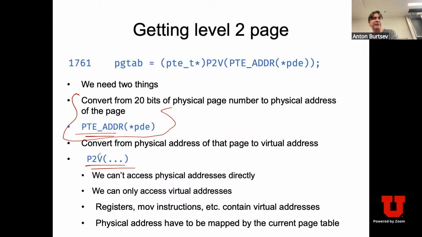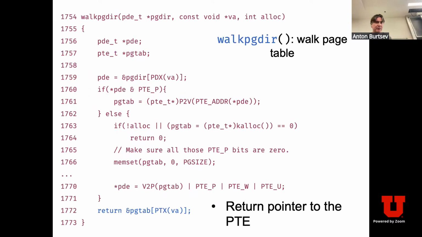We convert it from physical to virtual, and the conversion is essentially, if you take a physical plus 2 GBs, because this is how everything is mapped, you will get a virtual address. So this macro P2V just adds 2 gigabytes, right? So not super complicated. And so what we end up having is that essentially we're returning the address of the page directory entry, right?